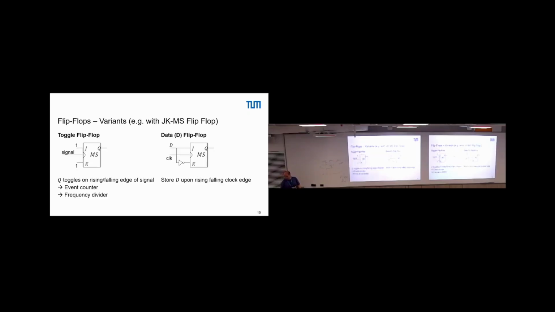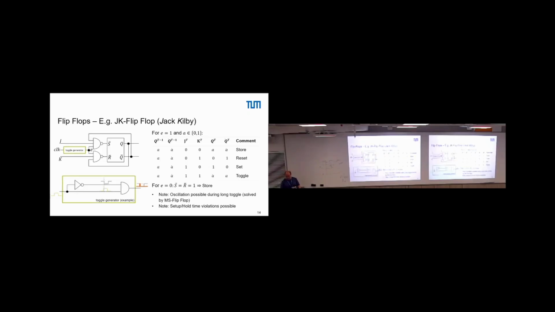Well, maybe I stay quickly here. As you can see, the SRAM cell is very tiny. This one here is way larger. If you have two RS latches, that means two NAND gates each, four NAND gates for the two RS latches.